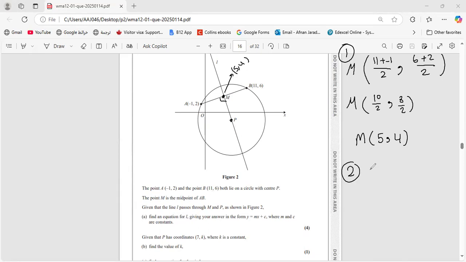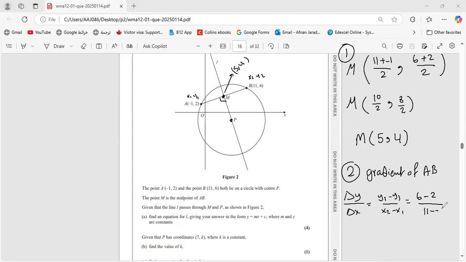Number two, find the gradient of AB, which is delta y over delta x, equal to y2 minus y1 over x2 minus x1. This one is x1, y1, this one is x2, y2. It equals 6 minus 2 over 11 minus minus 1, which equals 4 over 12, which equals 1 over 3.